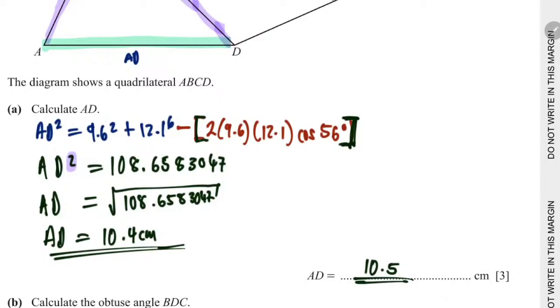All right. Now let's go to the next. Find this angle, BDC. So I'm not interested in the question, I'm interested in the triangle.